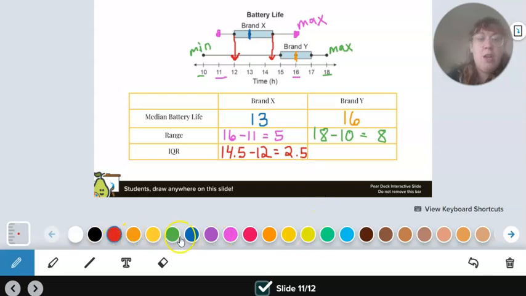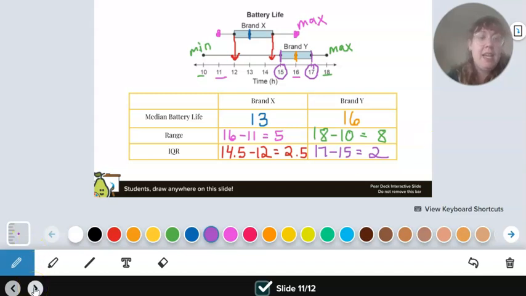And for the other one, we're going from a Q3, which is 17, to Q1, which is 15, which is 2. Beautiful. So there's our brand X and brand Y for median, range, and IQR.